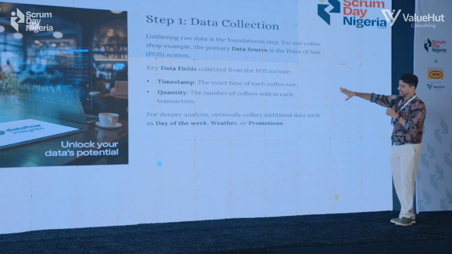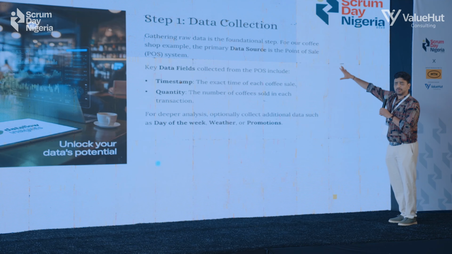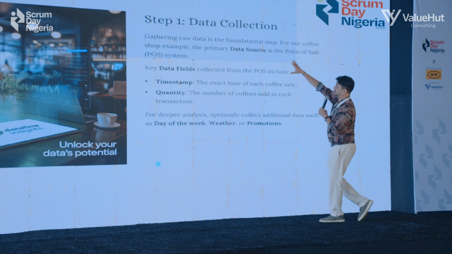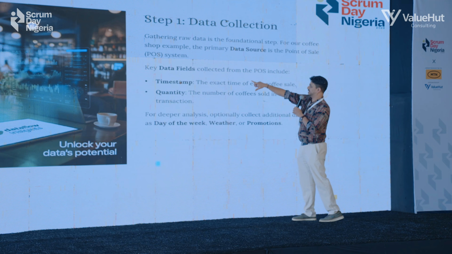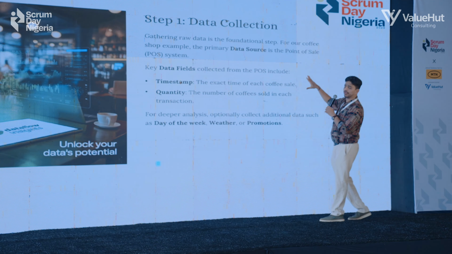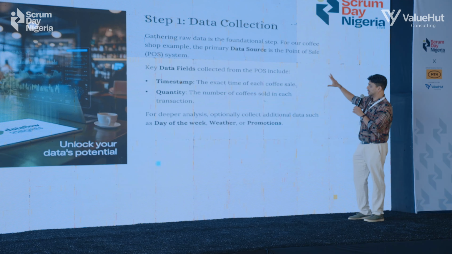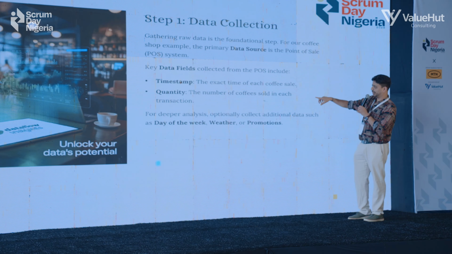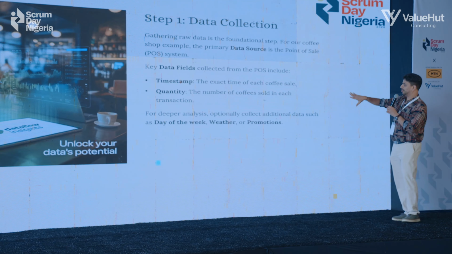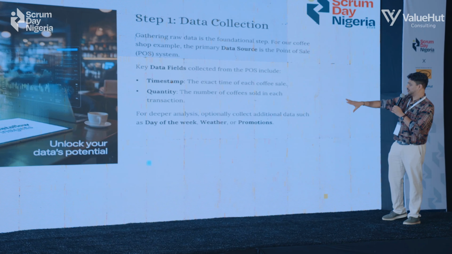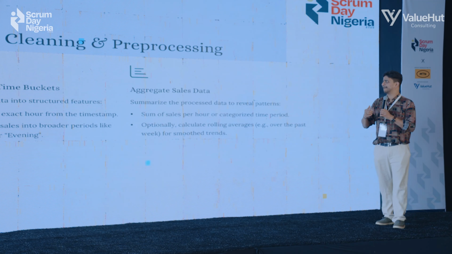Again, this is just a quick rundown of some of the technicalities here. Step 1, data collection, involves the timestamp of the specific time the coffee shop sale was made and the quantity. It also depends on data like day of the week, weather, and promotions.